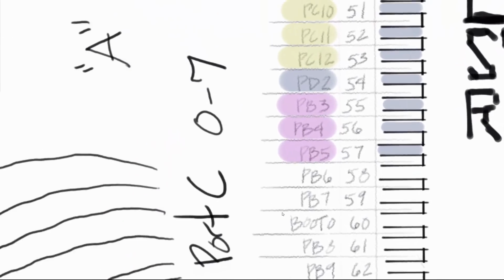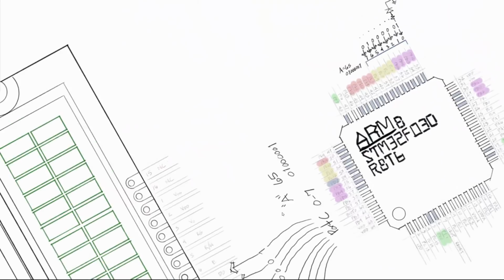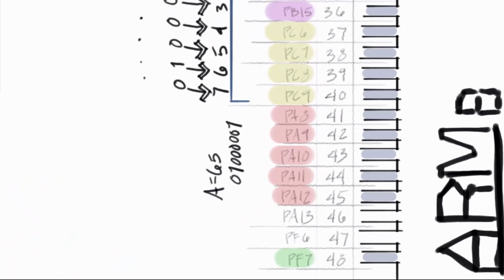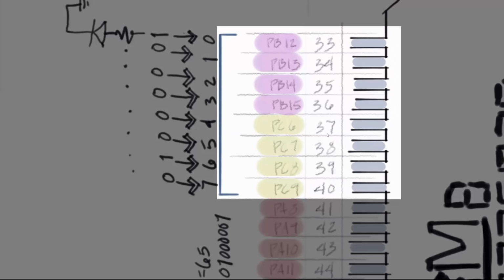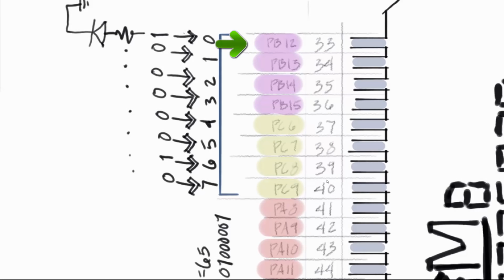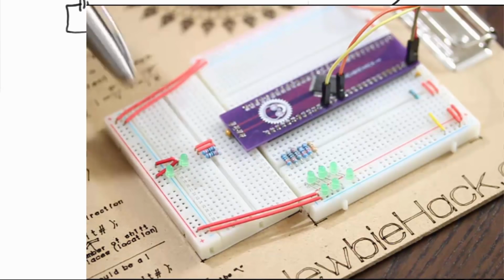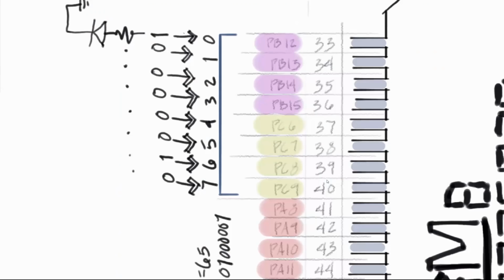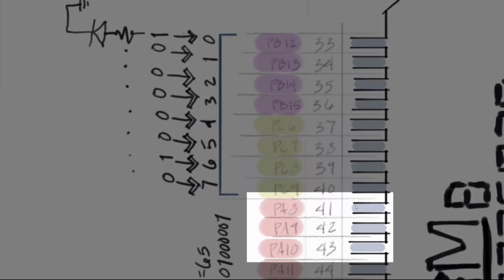The next, let's see where they are. Yeah, here we go. The next pins, we're using the pins number 33 through 40. And 33 is at this location of the breadboard, 33 and 34. So we'll need 3 more pins, and I think 41, 42, and 43 would be fine since they are also the 5-volt tolerant pins.